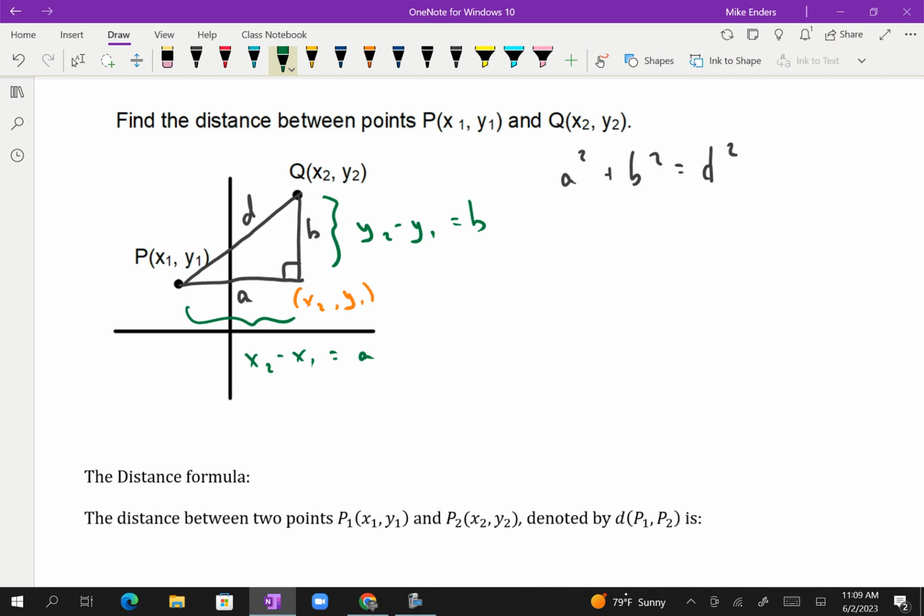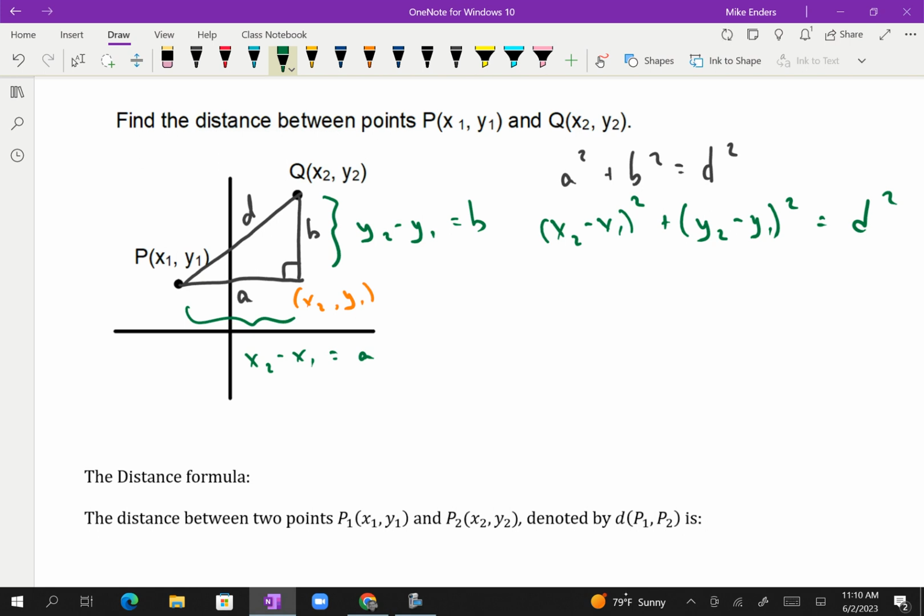If we take this and go back into Pythagorean's theorem that we did earlier, now we have A squared is x sub 2 minus x sub 1 squared plus B squared, which is y sub 2 minus y sub 1 squared, equals the square of the distance between those 2 points.